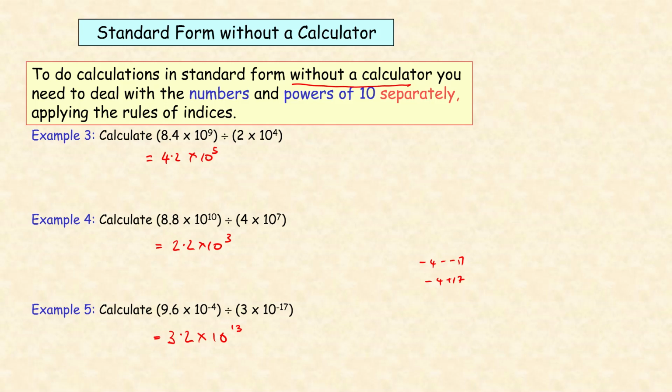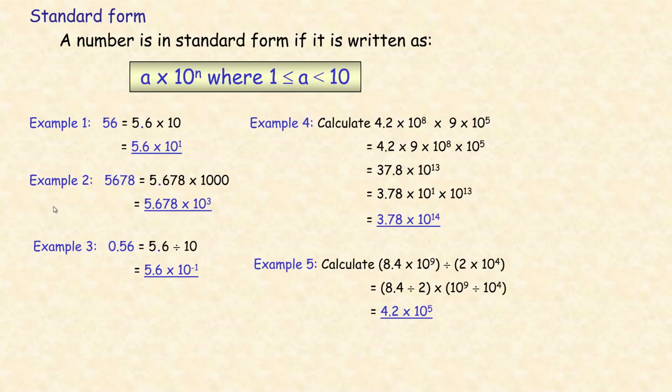So what I want you to do is to make some notes, and I want you to copy these down into your book. So hit pause, copy these examples down. Once you're done, hit play, and I've got some questions for you, which I will also attach to the assignment.